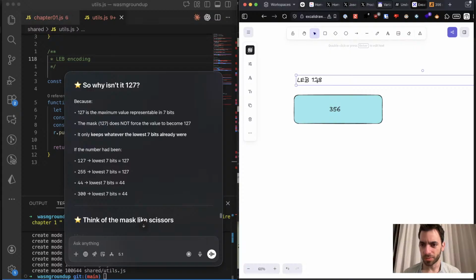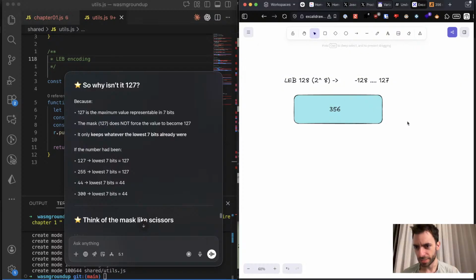The 128 comes because we have a signed representation of 2 to the 8, from negative 128 all the way to 127, because we include the 0, right? So that's why we're working with 128.